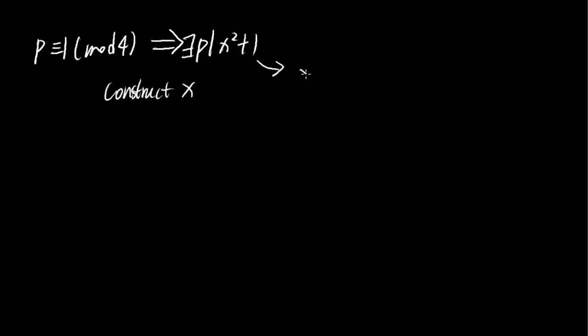Maybe it's better to write it in modular arithmetic form so you can see it better. Sometimes there exists a minus 1 here, modulo p. Do you think of any theorem that is useful and similar to this expression?